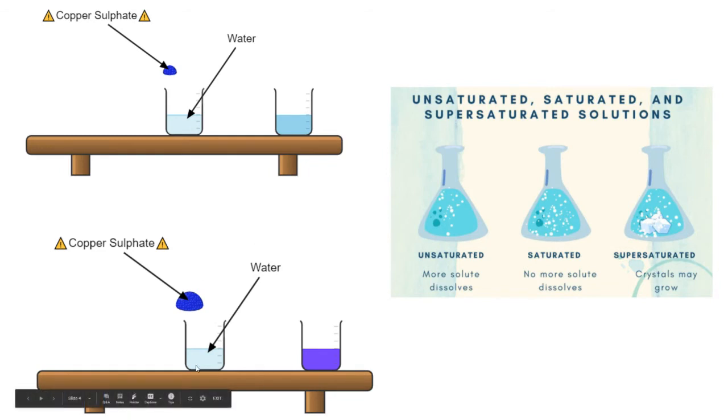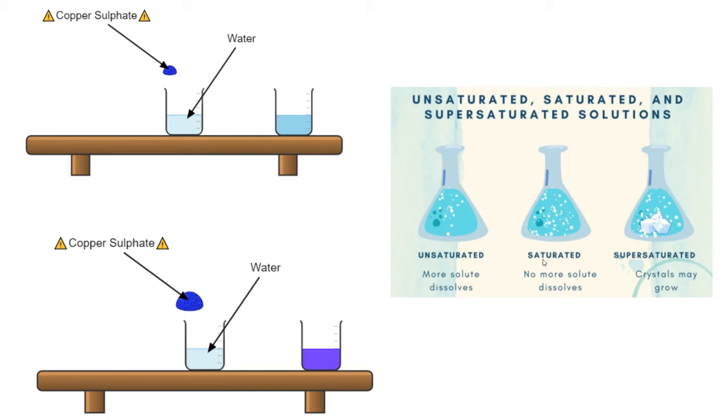And eventually you would add so much that there was no way more copper sulfate was going to dissolve in it. So in this, unsaturated is the word we use. Unsaturated means it can take more. So an unsaturated or dilute solution is one where only a little bit of solute has been added to the solvent and the solution could take more solute and dissolve it.